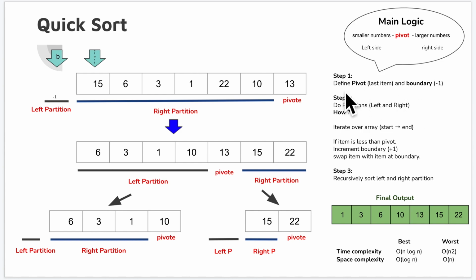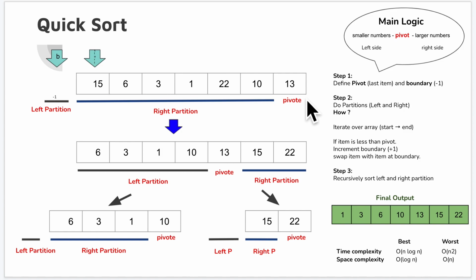So what is our first step? Define the pivot and boundary. I already explained the pivot. It's any arbitrary number, so we define the pivot as the last number. Now what is the boundary? Our main logic is to sort the array in such a way that small numbers lie to the left of the pivot and large numbers lie on the right side of the pivot.